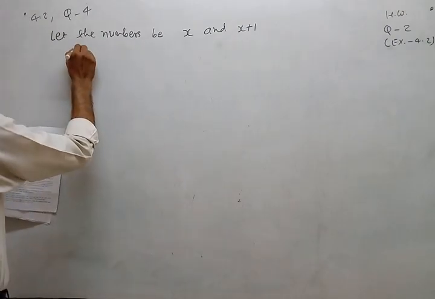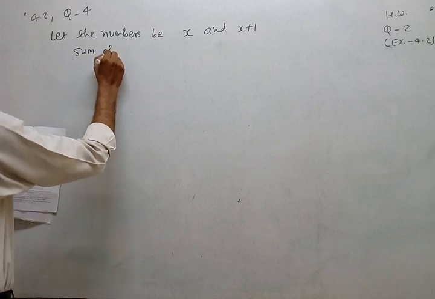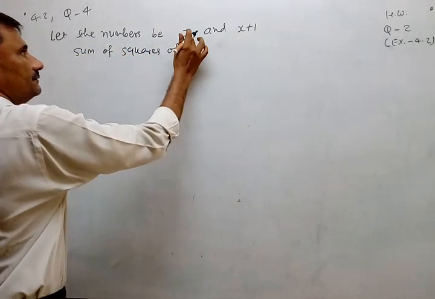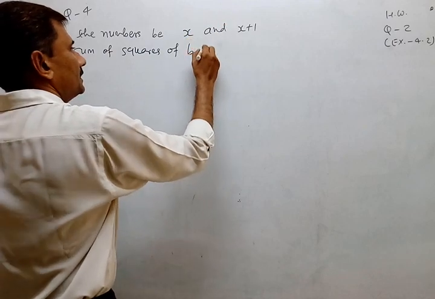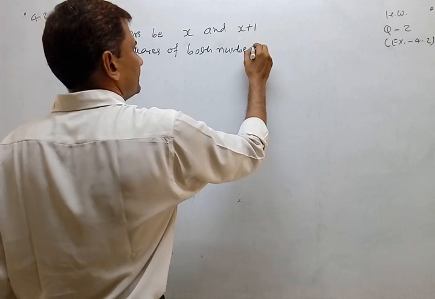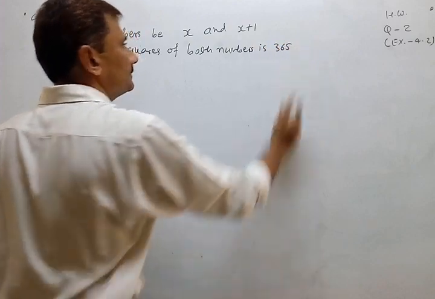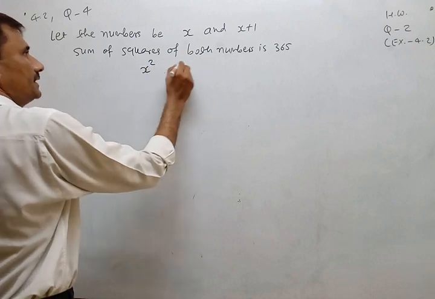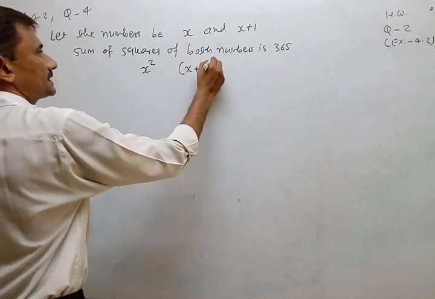So write down first of all the statement: sum of squares of both numbers, first and second, is 365. Okay, so here x square, x plus 1 whole square, I just made squares.